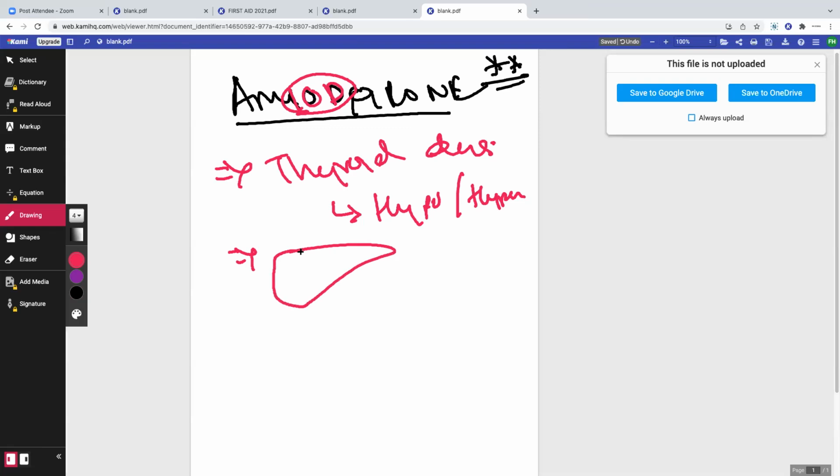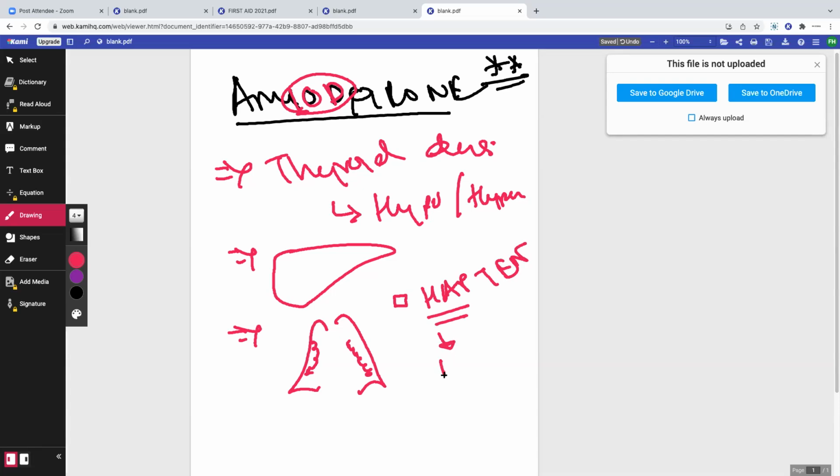Next one is amiodarone can cause severe hepatotoxicity, because amiodarone is broken down by the liver and the metabolites are toxic to the liver. Number 2, amiodarone can cause severe pulmonary fibrosis, because how? A portion of the drug can act as a hapten. Haptens are drugs or portions of drugs that have the ability to act as antigens.